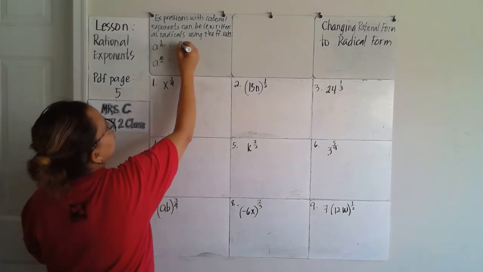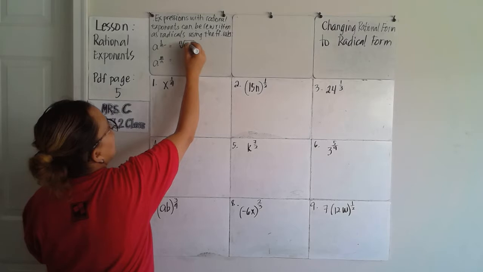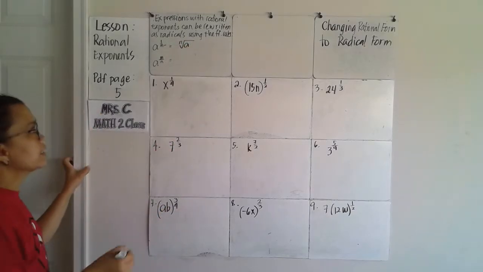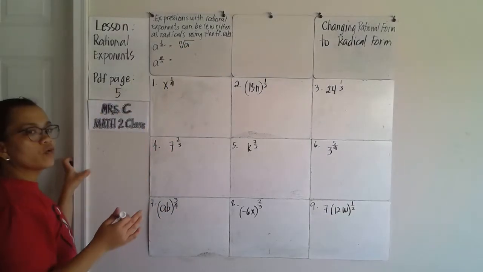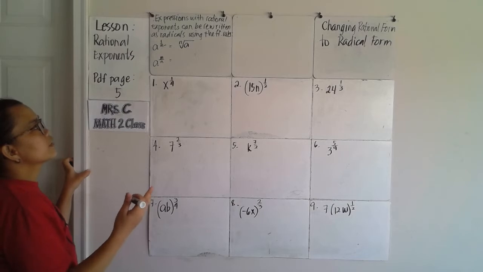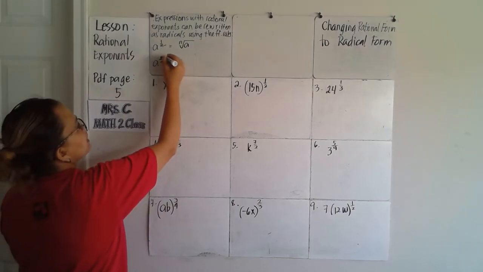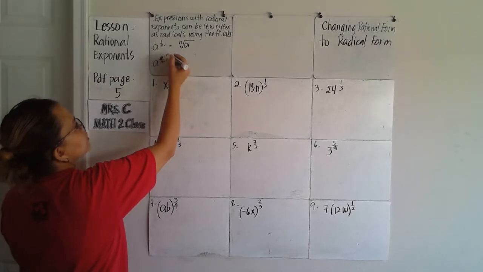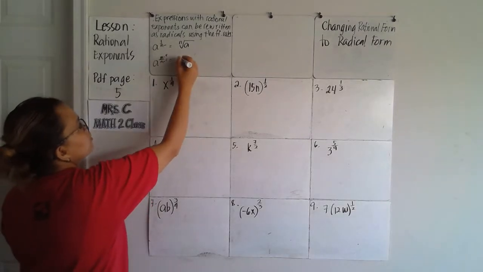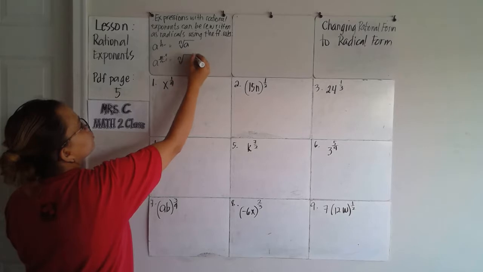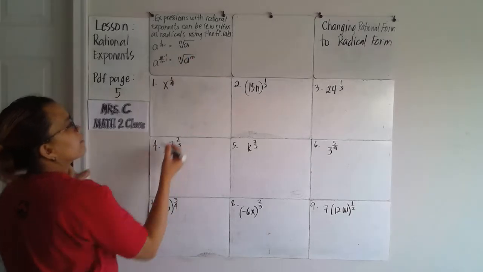So that would be the nth root of a. All right? Another form, a raised to m over n. This time, your n will still be your index and your m will be your exponent. So it can be rewritten as the nth root of a raised to m.